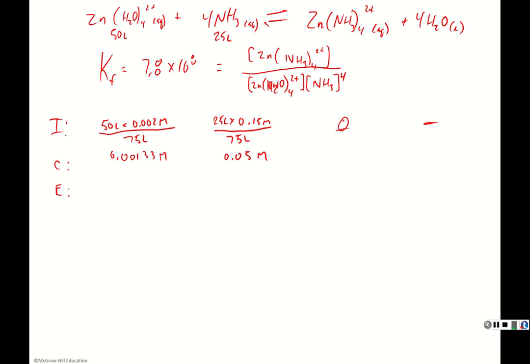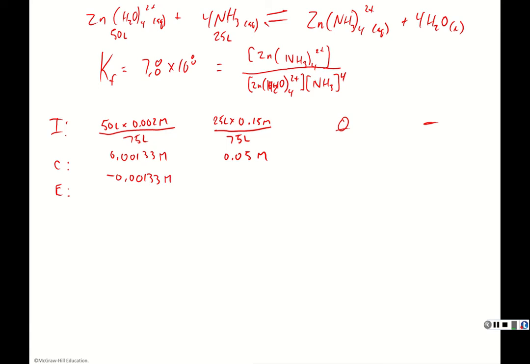So what we do here is the solution that's in the lowest amount is what we're going to use the most of. So in this case, our change, we'd use all of this zinc tetra water.